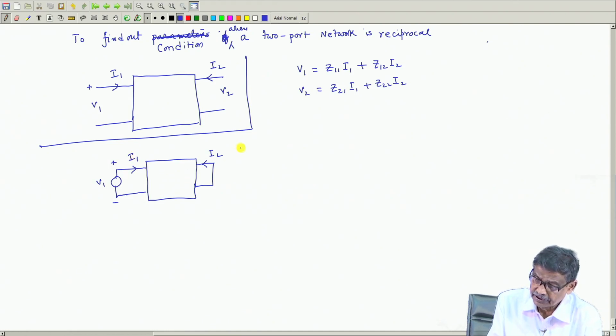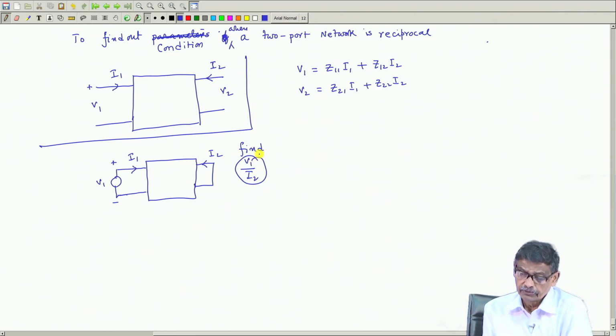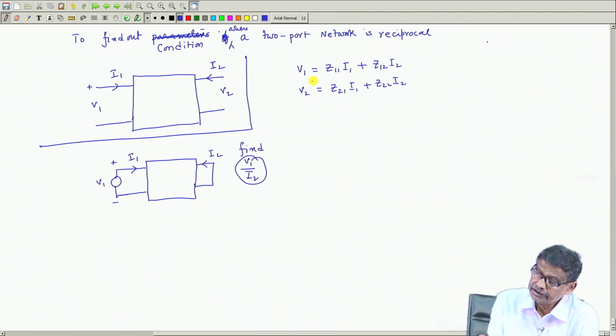What we have to find out is V 1 by I 2. I will find it and keep it. It is to be found out using these general expressions, but under the condition of this experiment, V 2 is 0.